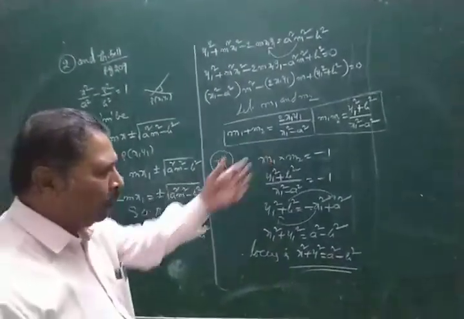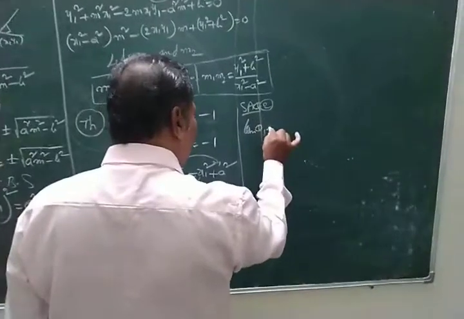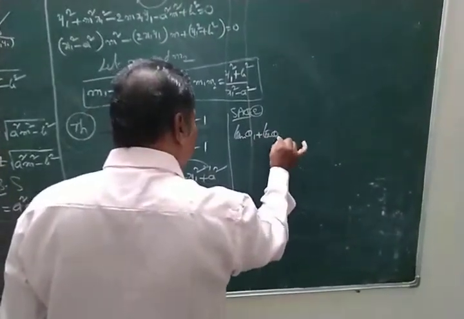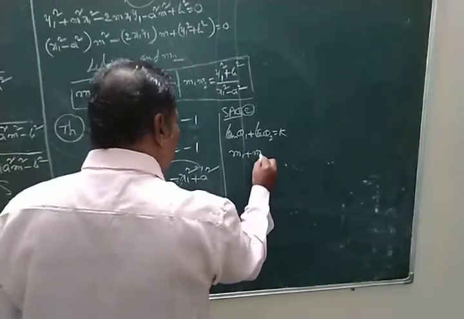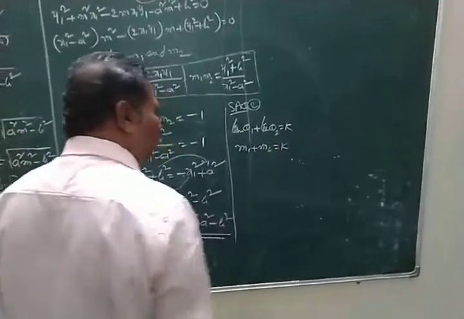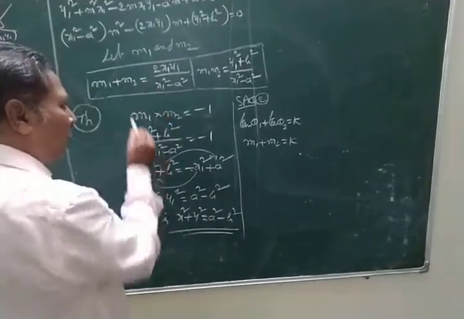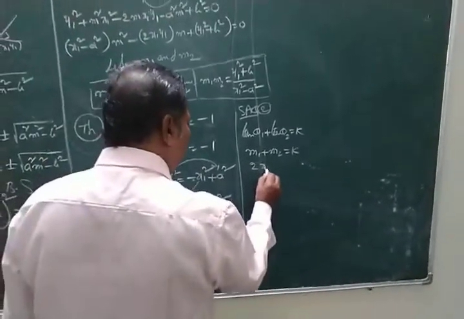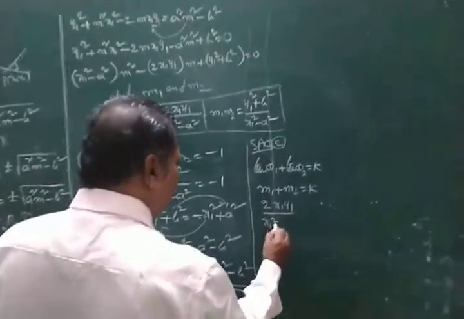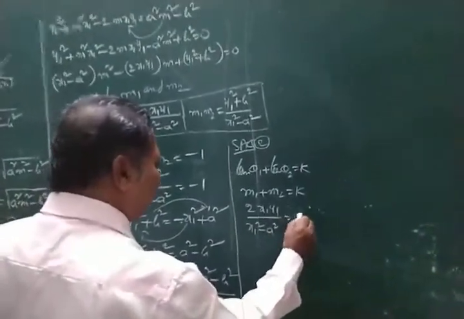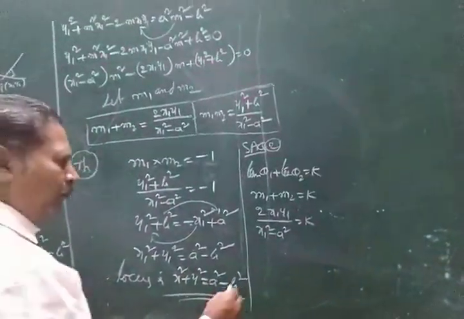First write this one. Tan theta 1 plus tan theta 2 equal to k. m1 plus m2 equal to k. m1 plus m2 value 2 x1 y1 by x1 square minus a square equal to k.